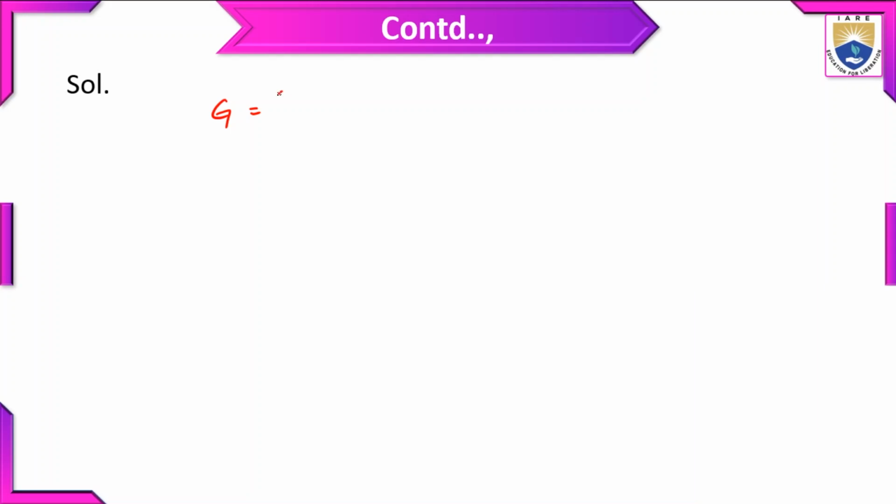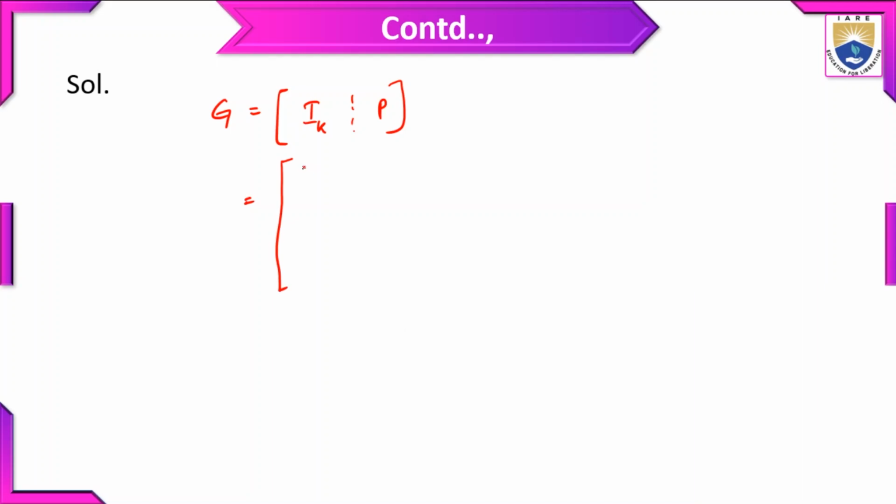So G is I(K) augmented with P. So I'm going to add I(K). Now what is K? Message bits. What is given? (N, K), 7 comma 4. So what is my identity size now? 4 by 4.